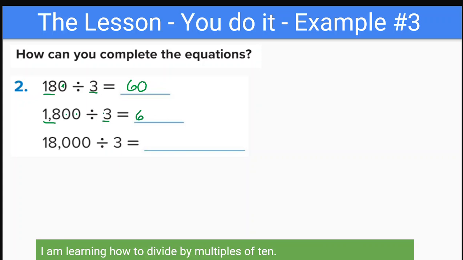And then you have 2 zeros here, so you have to have 2 zeros here, and that is 6 hundreds. 18 hundreds divided by 3 equals 6 hundreds. And the last one here is thousands. 18, 3 zeros means thousands, divided by 3 equals 6. We have 3 zeros here, and we're going to have 3 zeros here, and that's 6,000. Kids, you're learning how to divide by multiples of 10.